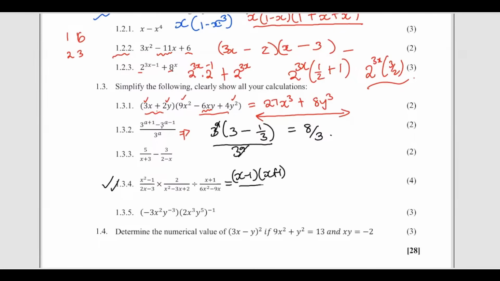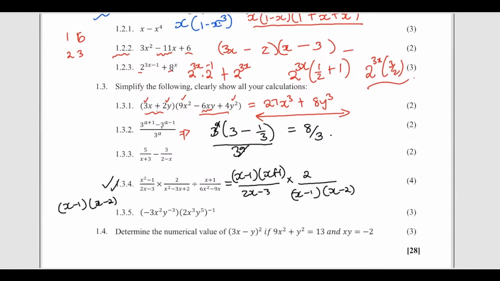And then this is all over the 2x minus 3. We're multiplying it by 2. This is x squared minus 3x plus 2, which is the same as x minus 1 and then x minus 2. Okay, so factorize that. You have x minus 1 and then x minus 2.